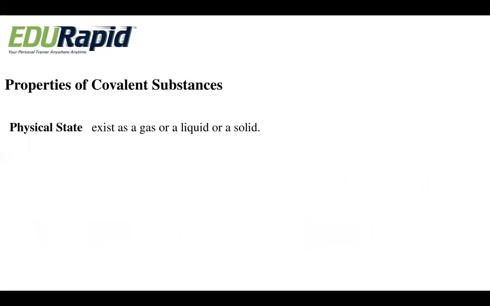As I told you, unlike ionic compounds, which exist only as solids, covalent substances exist as solid, liquid, as well as gaseous, because there is less force of attraction between the covalent compounds as compared to the ionic compounds. So the covalent substances will exist as solid, liquid, or gaseous in state.